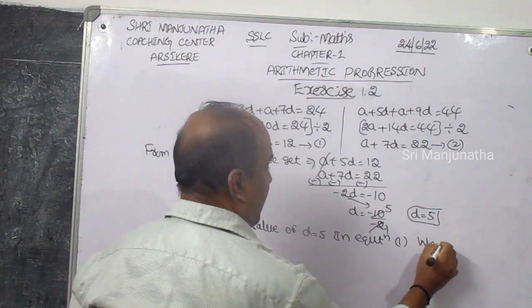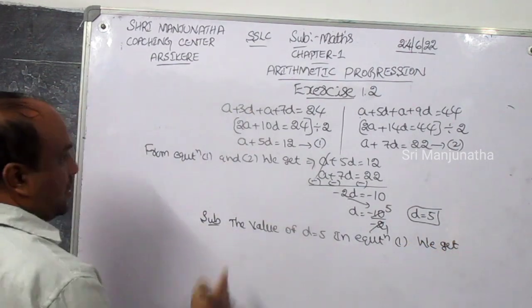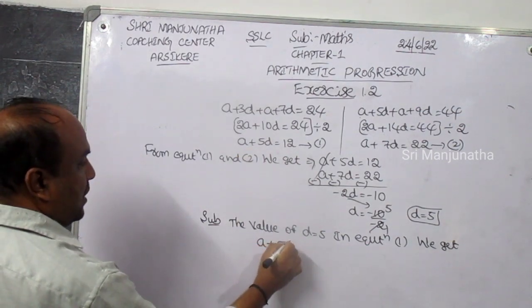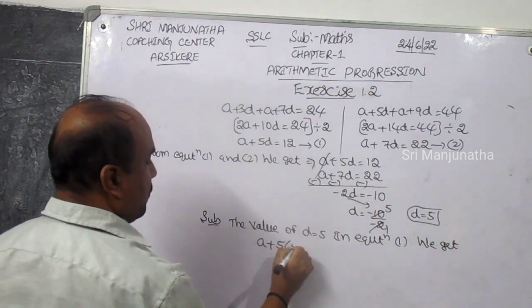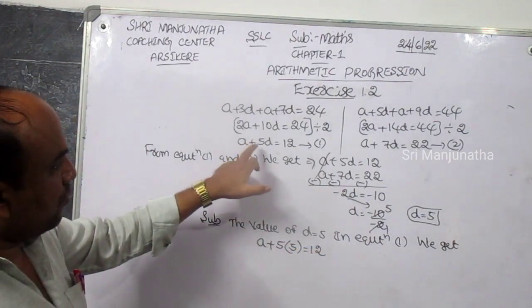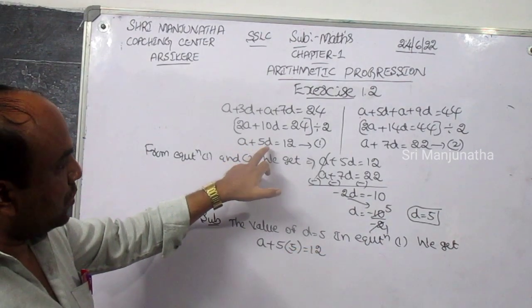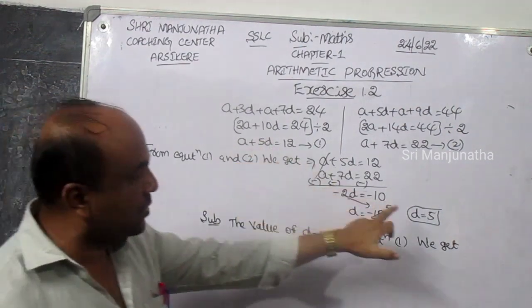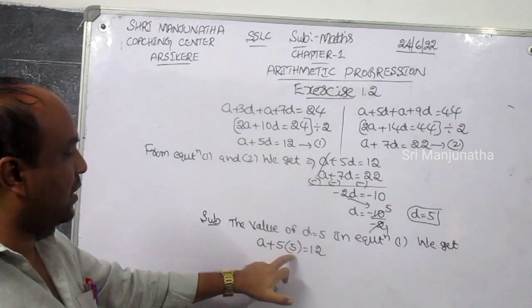What happens? We have to check it. A plus 5D is equal to 12. The value of D is how much here? 5. I have to apply it here.